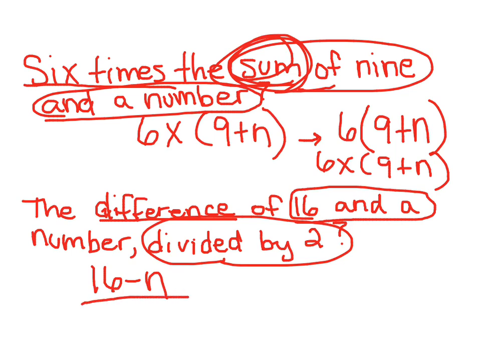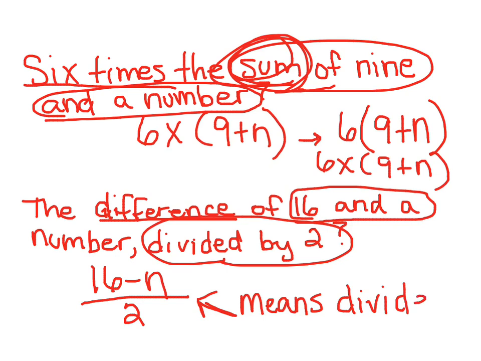You put a fraction bar, 2, because this means division. Okay, it means to divide. And when we're reading a word problem, you're going to read the word problem in order, and you're going to do your equation in order.